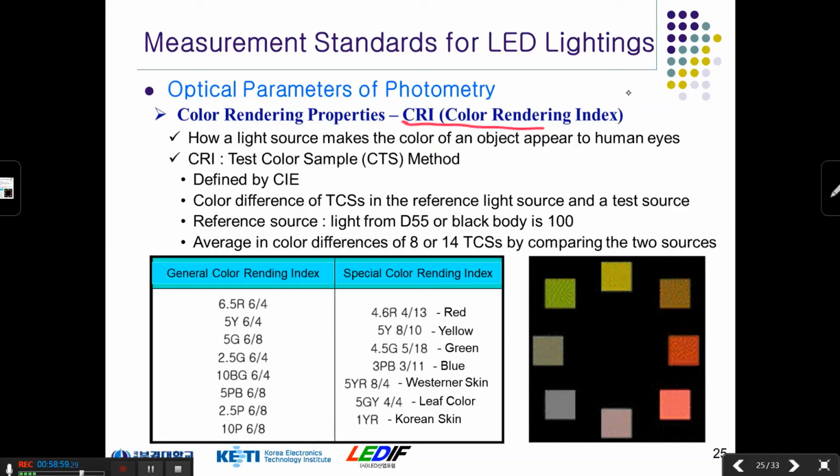Color rendering index, CRI, is a parameter indicating how a light source makes the color of an object appear to human eyes. It is calculated from color differences of the 14 color test samples by comparing the reference source or blackbody with the light source. The maximum value of CRI is 100.